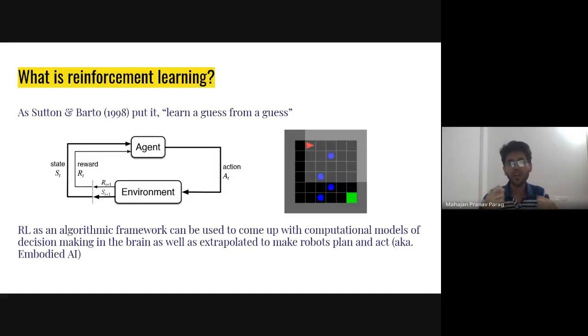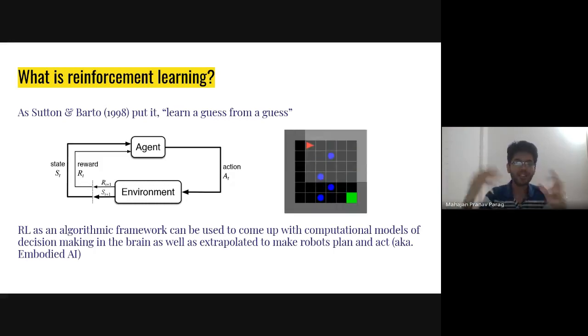So all of these were quite simple in nature, but when you want to actually build things which are much more complex, you want to have some foresight of what will happen 3, 4 days from now or so on. So that's when you are essentially learning a guess from another guess.